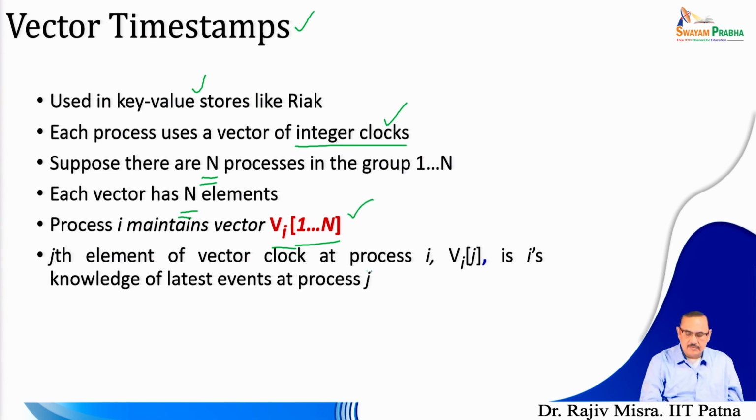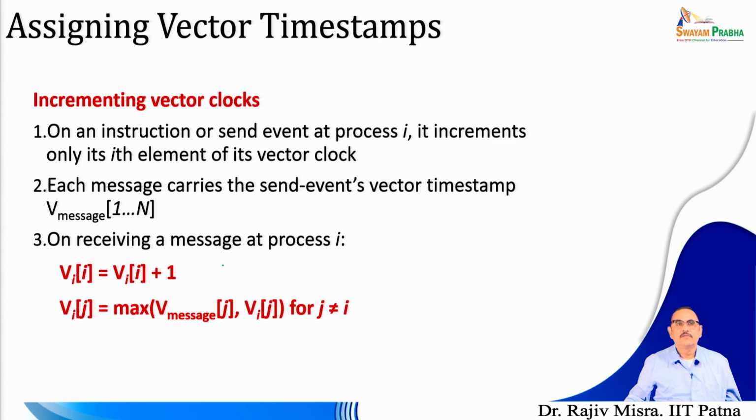The jth element of the vector clock at process i is represented in this manner: for process i, the jth clock means the jth clock's value of which process i has knowledge, that is, i's knowledge of the latest event at process j. So, this is called the vector timestamp.